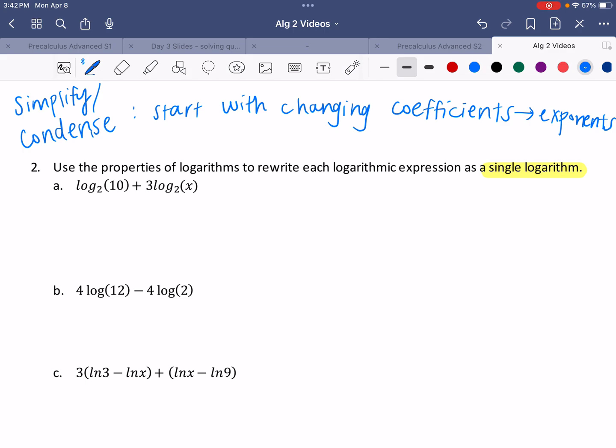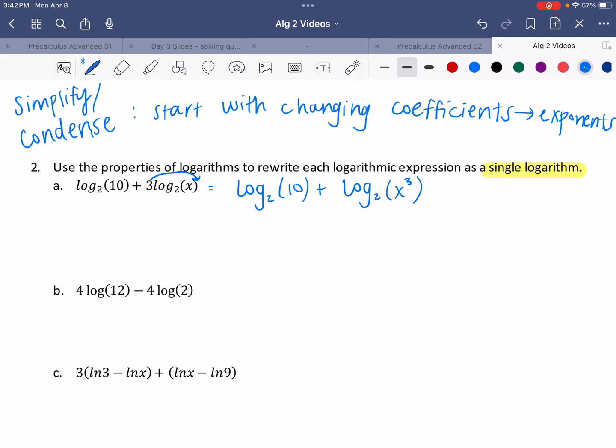The first one says log base 2 of 10 plus 3 times log base 2 of x. I'm going to go ahead right now. I know that that 3 means my second log. I could write the x as being cubed. So log base 2 of 10 plus log base 2 of x cubed.